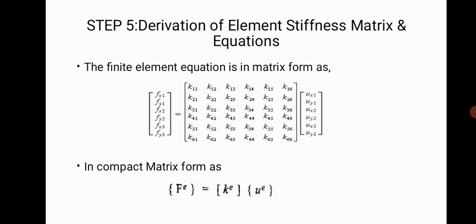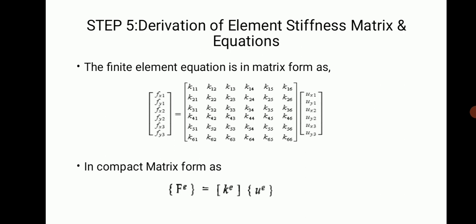And step 5 is derivation of element stiffness matrix and equation. The finite element equation in matrix form is fx1, fy1, fx2, fy2, fx3 and fy3, equal to k11, k12, k13, k14, k15, k16.